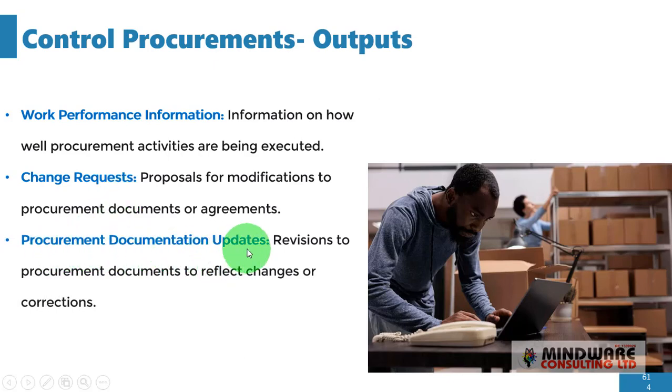Procurement documentation updates. These are revisions to procurement documents to reflect changes or corrections. So based on the change requests, and then of course the assessment of the need and the significance of those changes, if and when they are approved, you now have updates to the procurement documents.